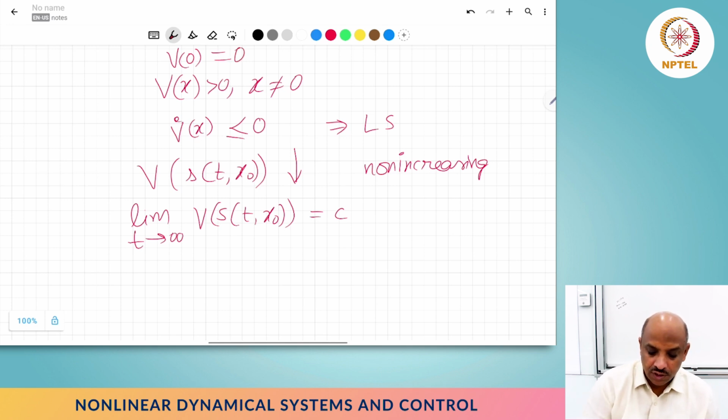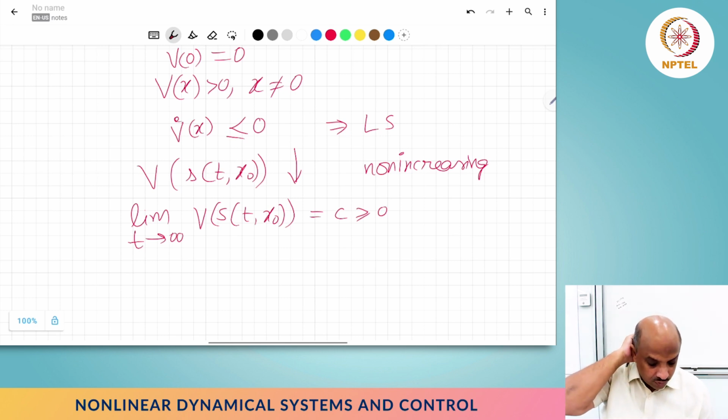Right? What else do we know? Since the limit as t tends to infinity is going to be C, all the limit points of the solution S, which we call the limit set, are going to be part of this set.